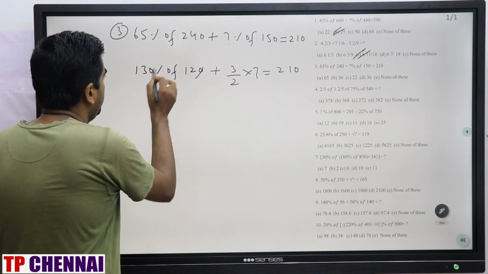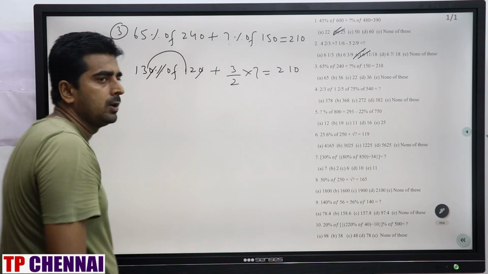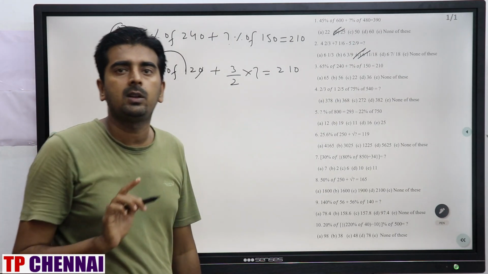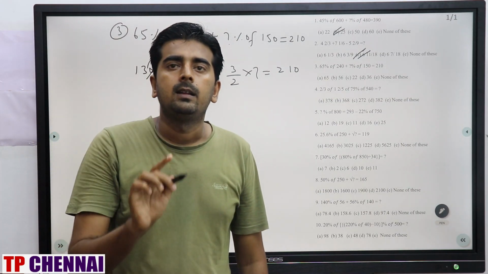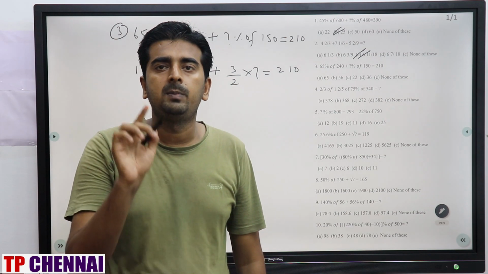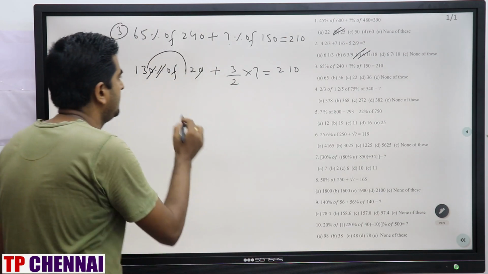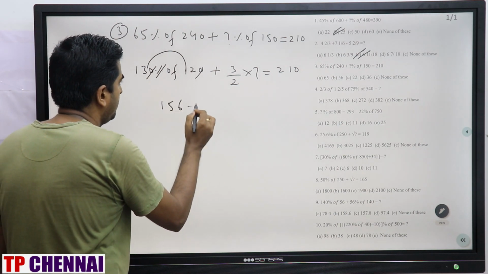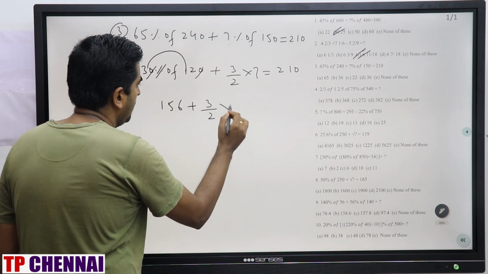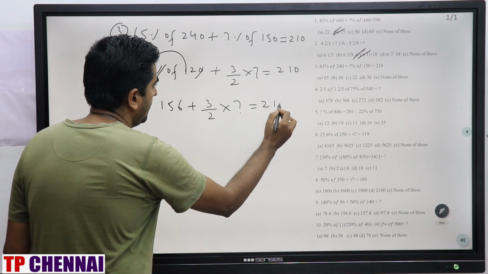So percentage and double zero will go. What is 12 into 13? Multiplication of two consecutive numbers: smaller number square plus smaller number, or else bigger number square minus bigger number. What is 12 square? 144 plus 12, 156. So 156 plus 3 by 2 of question mark is equal to 210.